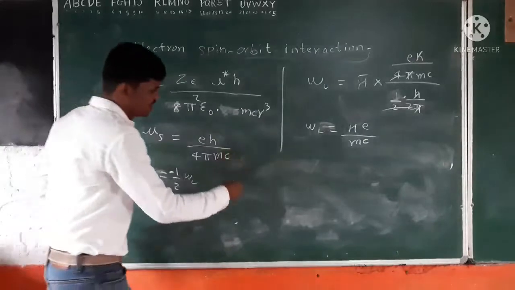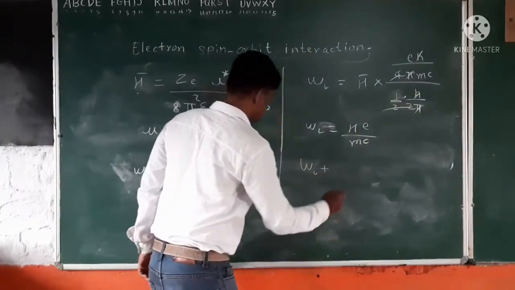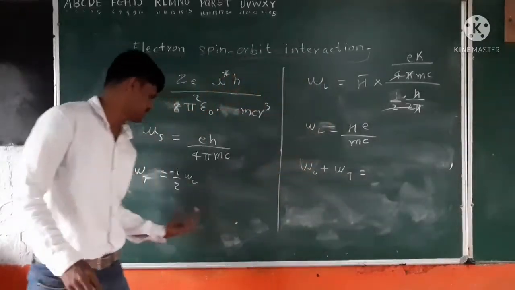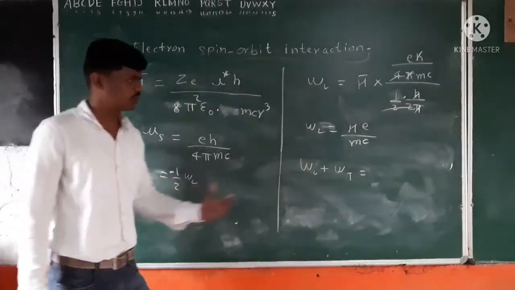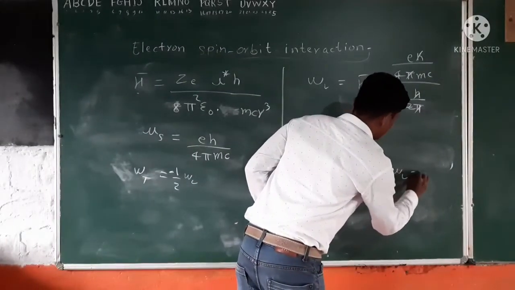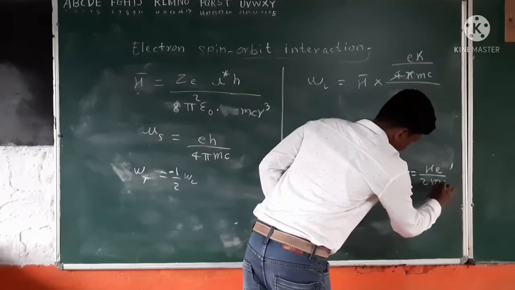So when we add omega L plus omega T, this is full, this is half with a minus sign, we will get half of omega L, which is nothing but He by 2mc.